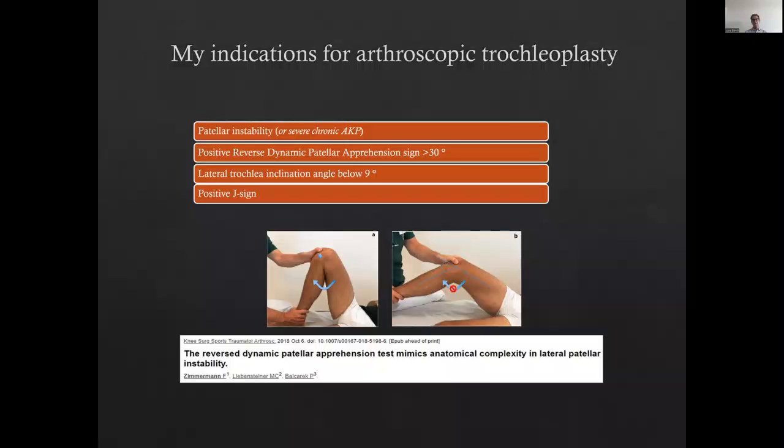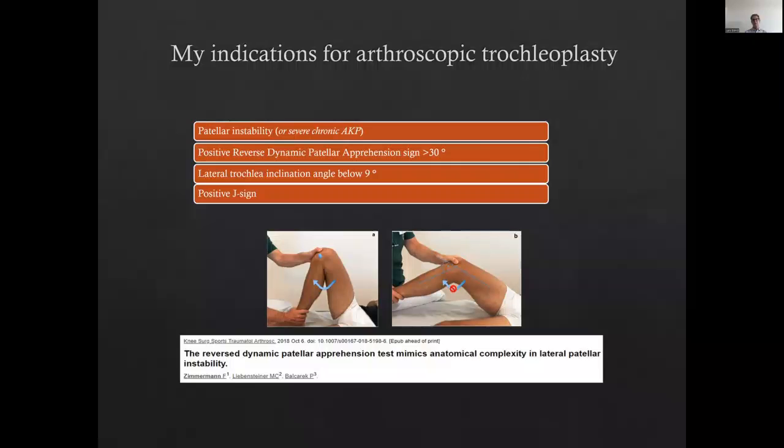They're also going to have a positive reverse dynamic patellar apprehension sign. And if you don't know that test, I think you should find this paper from Zimmerman. It's a very, very nice test because the patient feels very comfortable with this test, because you start in flexion and you start to dislocate the patella in flexion, and the patient does not get apprehensive by that.